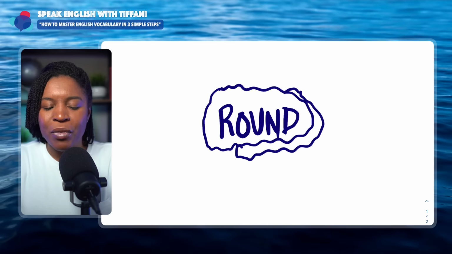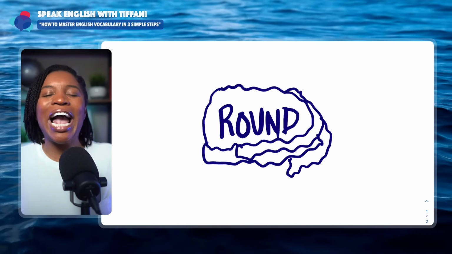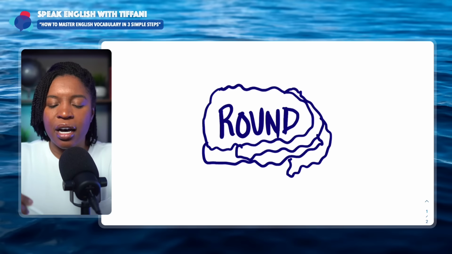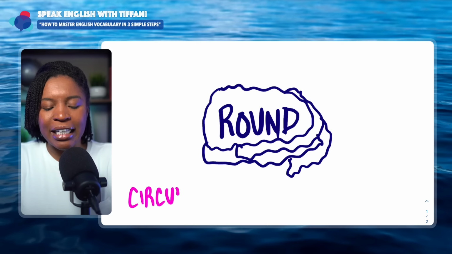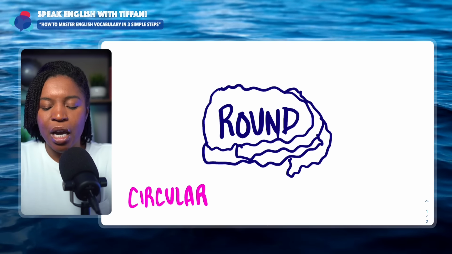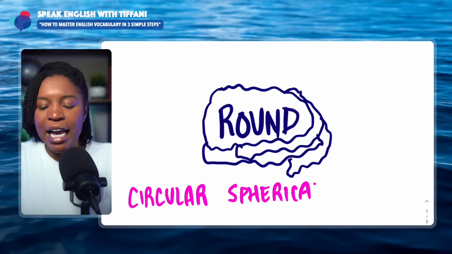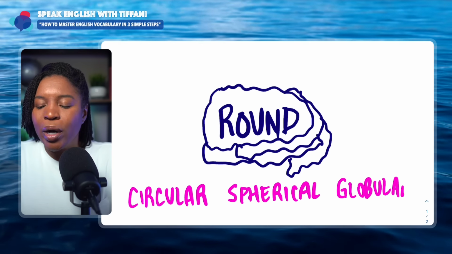I want you to imagine this is your brain. And now we're adding 3 words that have similar meanings. Let's change the color. So we have circular. Again, similar meaning. We have spherical, and then we also have globular. So what's going to happen?